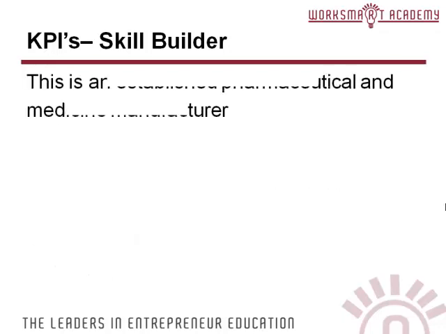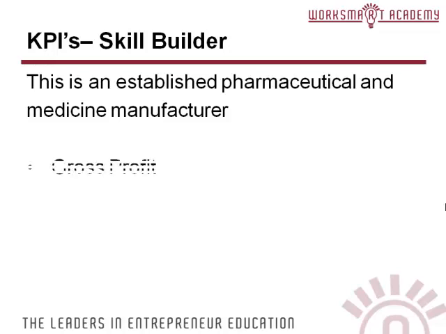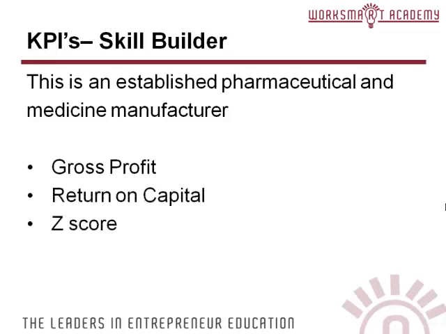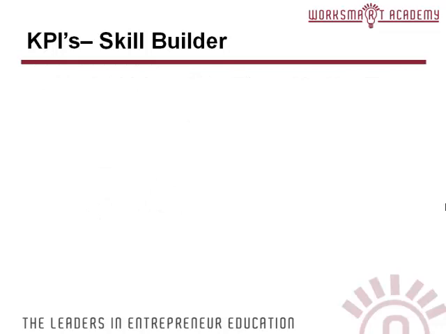Turning to finance, this is an established pharmaceutical and medicine manufacturer. As such, their finance KPIs could be very similar to the example that we used previously: gross profit, return on capital, and their Z-score. Moving now to contingency planning.